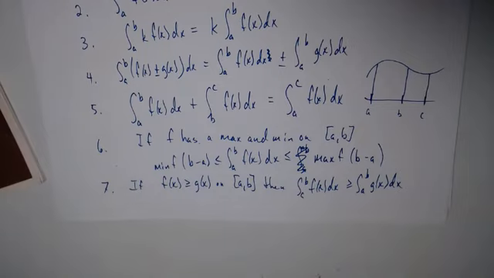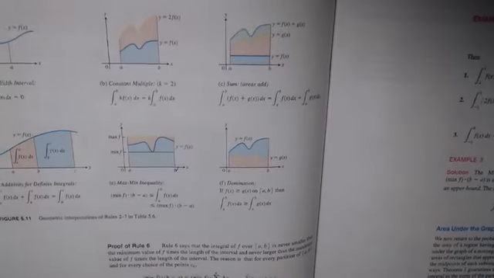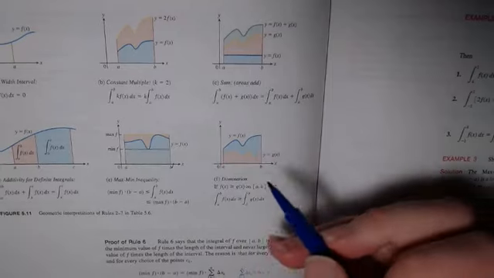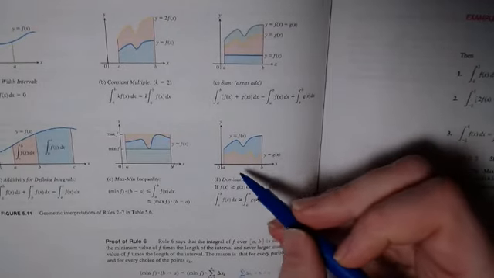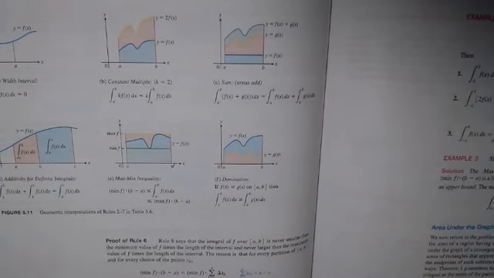So again, not surprising, and that's another one that's worth looking at the picture for, because then it's just obvious. Then it's this picture here. So if f of x is bigger than g of x, then of course it's got more area under it. And even if g of x or some of them dip under, the inequality still holds.